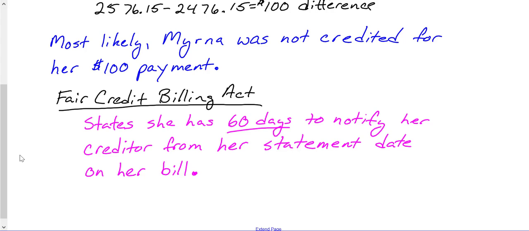After 60 days, if Myrna had contacted them 90 days later, they most likely would not have credited her that $100. She would have to take it as a loss because she didn't notify them within the legally defined period of 60 days based on the Fair Credit Billing Act.